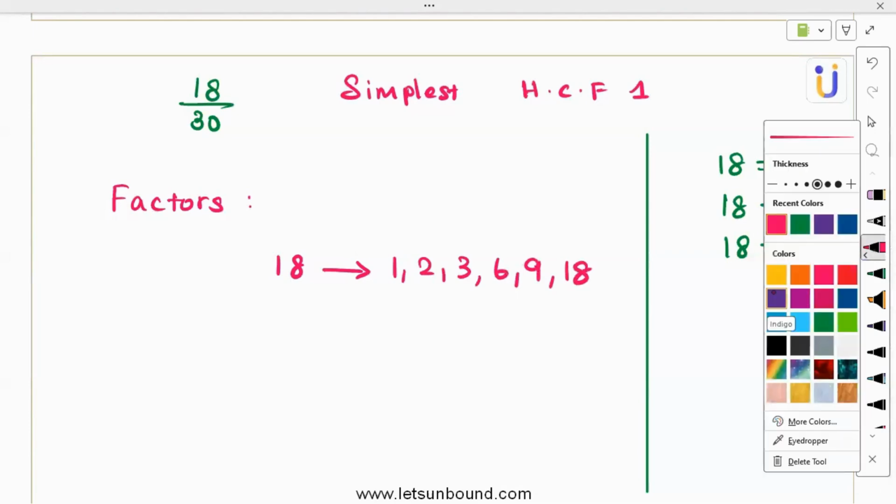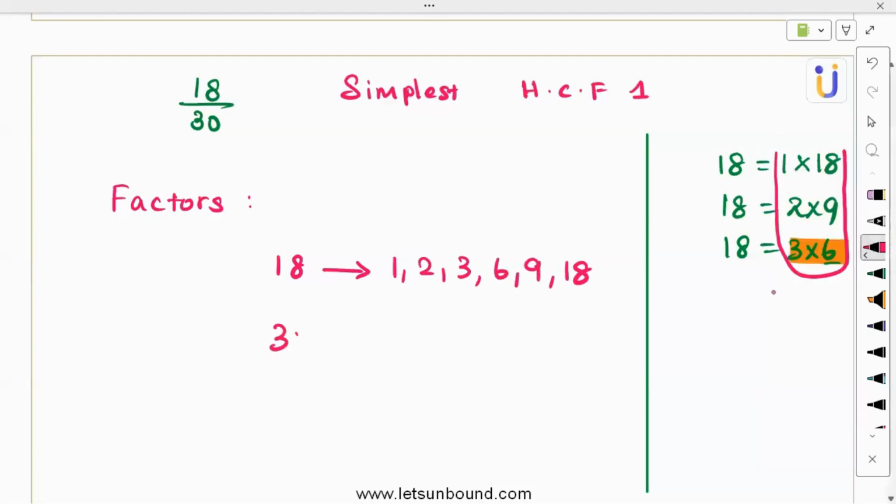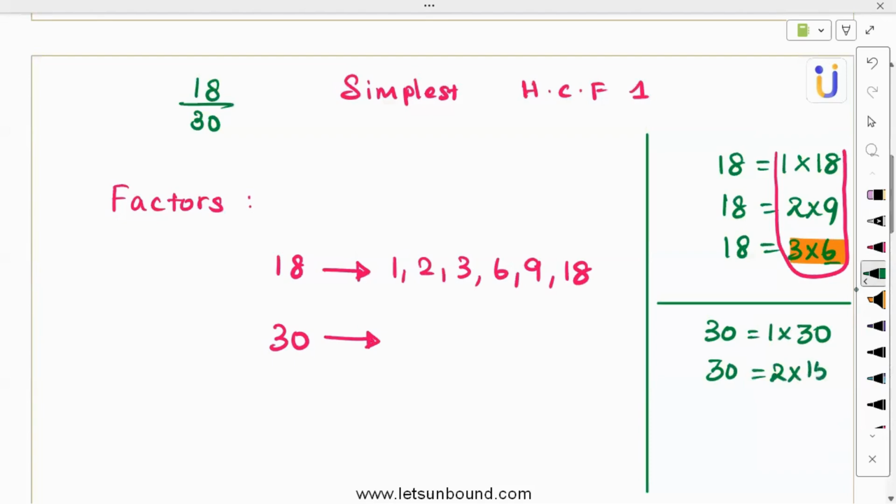Then the factors of 30. Same way, let's do this for 30. 1 times 30. Of course, it's an even number, so for sure 30 you can express in the 2 table also, 2 times 15. 30 is 3 times 10. 30 in the 4 table, no. 5 table, yes, 5 times 6. And 30 in the 6 table, of course, 6 times 5.